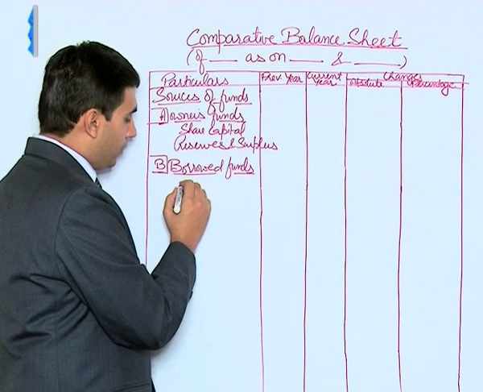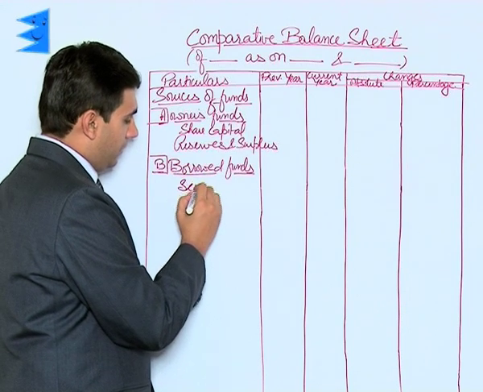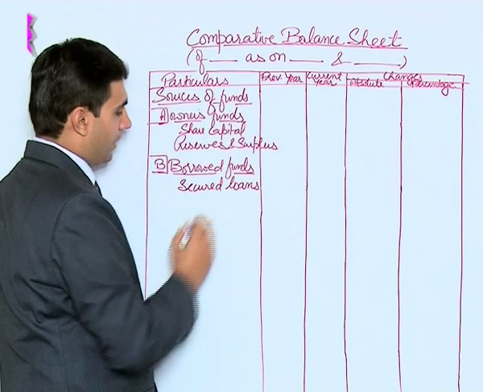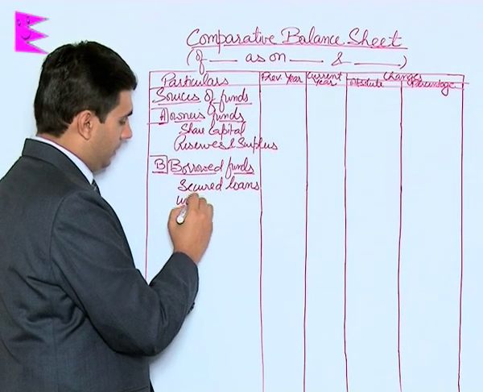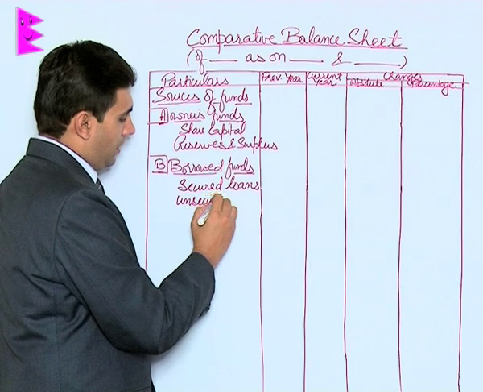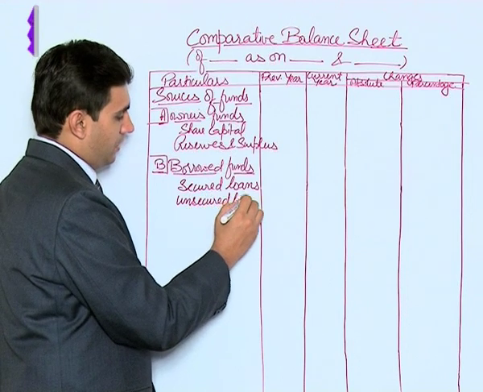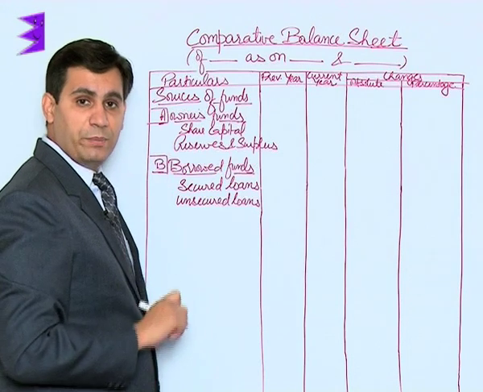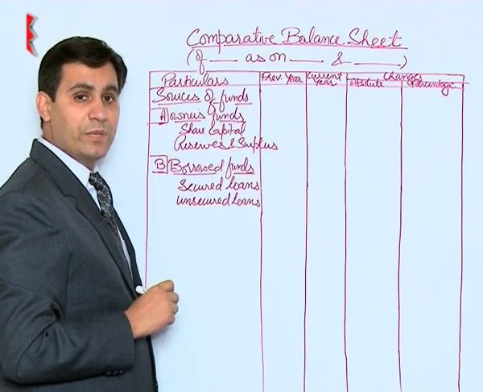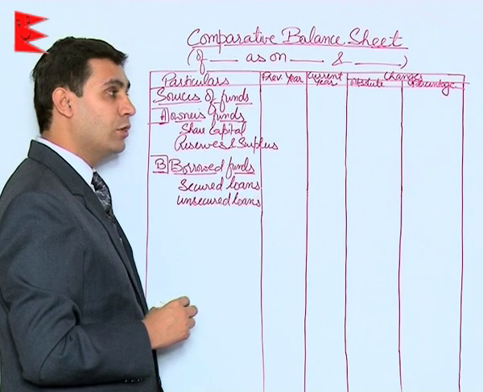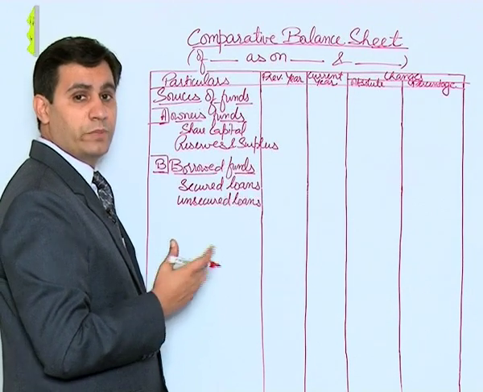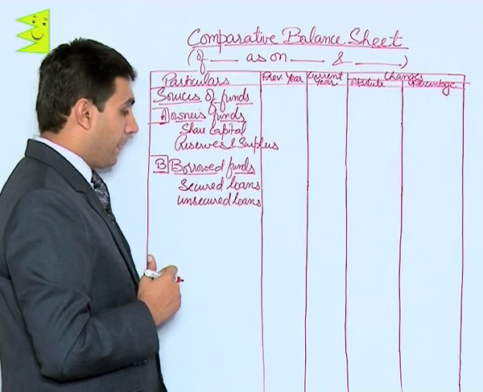They can further be of two types. The first one being secured loans, and the second one being unsecured loans. Secured loans are the loans on which securities have been given, certain mortgages have been issued, and unsecured loans are those liabilities on which mortgages have not been given.